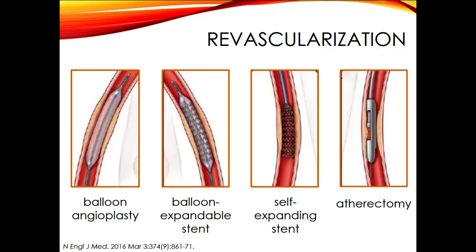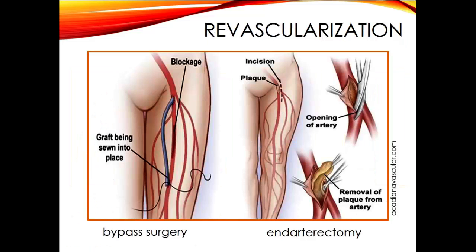An atherectomy is a procedure that breaks up the blockage using a small instrument with a revolving blade. Bypass surgery replaces a diseased vessel with a vein from another part of the body or with a synthetic graft. An endarterectomy is a surgical procedure to remove the plaque material in the lining of the artery.